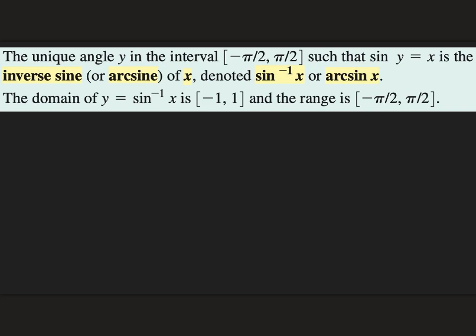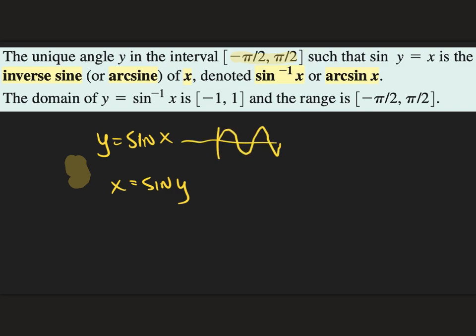Okay, so here are notes. What's important to note is that on the interval from negative pi over 2 to positive pi over 2, we have y equals sine x. When we take the inverse function, x becomes sine y. So when y equals sine x, we get a graph that looks like this. Your range is from -1 to 1.